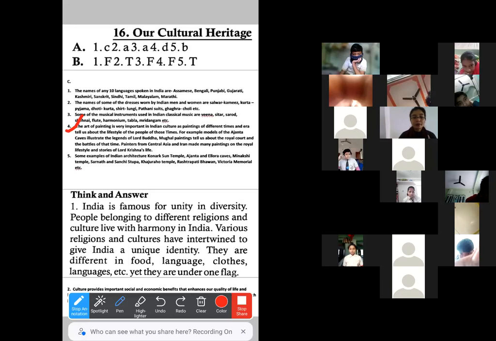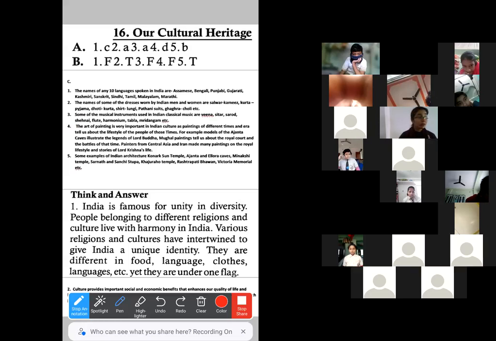Mughal paintings tell us about the royal court and the battles of that time. Painters from Central Asia and Iran made many paintings on royal lifestyles and stories of Lord Krishna's life. Okay, if you write this much, that will be enough. In this question, there can be 3 marks, so you will get up to 3 marks at maximum for this question.